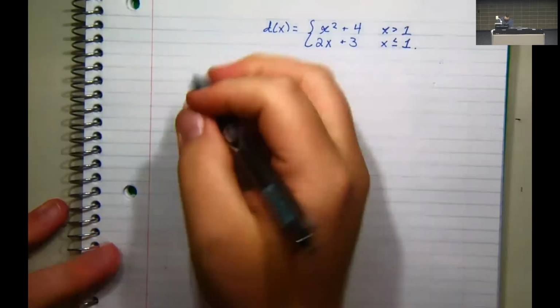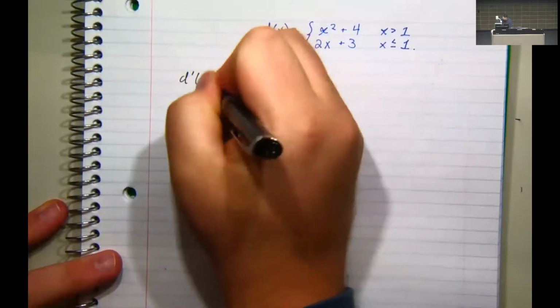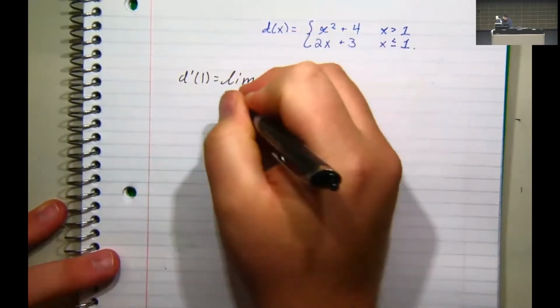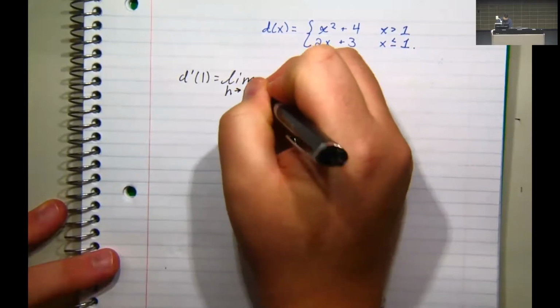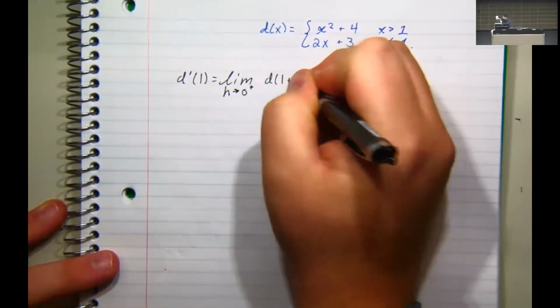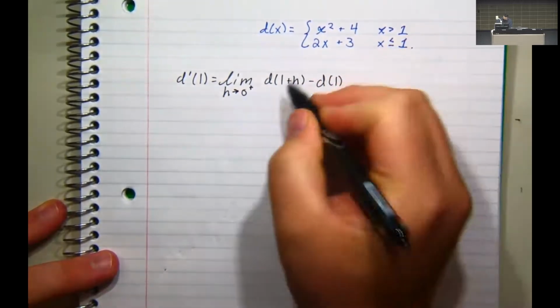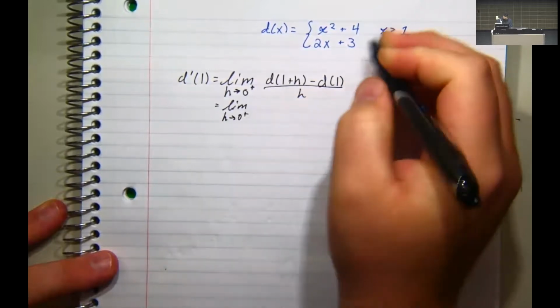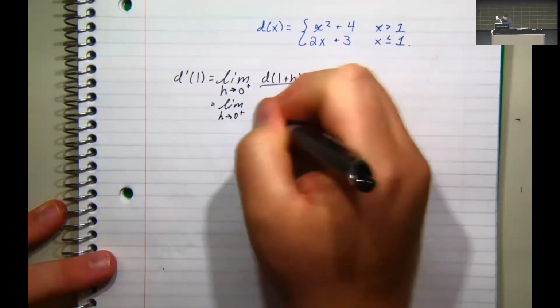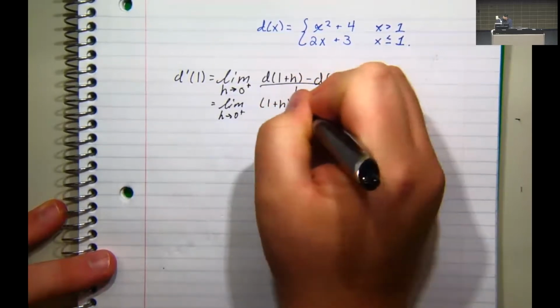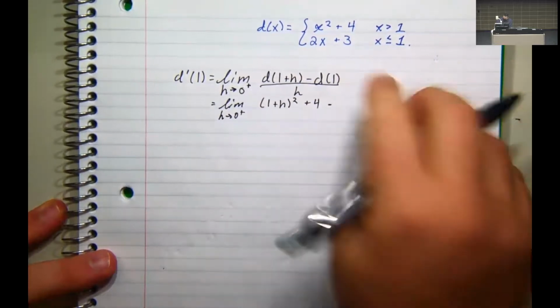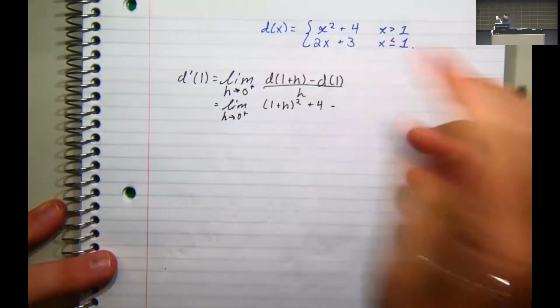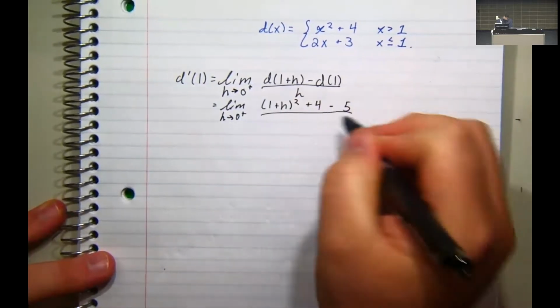Let's go through this one. This one will actually work, so that'll be fun. So d prime at 1 is equal to the limit as h approaches 0 from the positive of d(1 plus h) minus d(1) over h. We're coming from the positive, so it's 1 plus h squared plus 4 minus, if we sub in 1 here, we get 5, minus 5 over h.